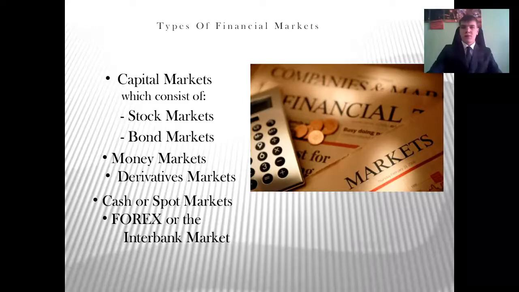This slide shows types of financial market, and first is capital market. It's a market busy issuing, buying and selling long-term debt or equity-backed securities that can be divided in stock market and bond market. Then it is money market.